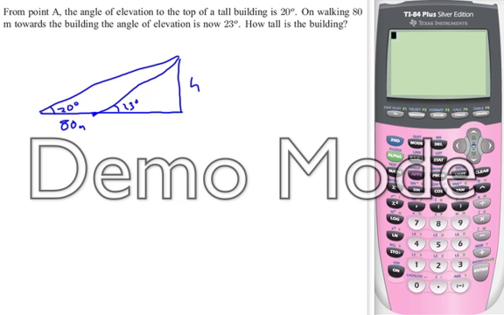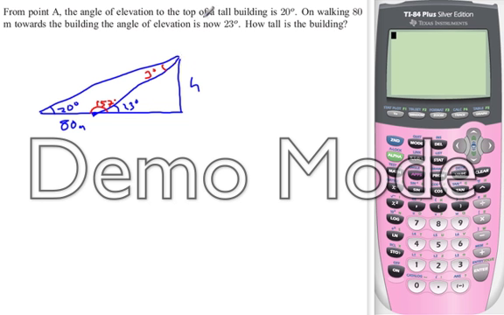Now, I know that angles on a straight line add up to 180. So 23 and 157 add up to 180. I also know that angles in a triangle add up to 180. So that makes this angle here 3 degrees.